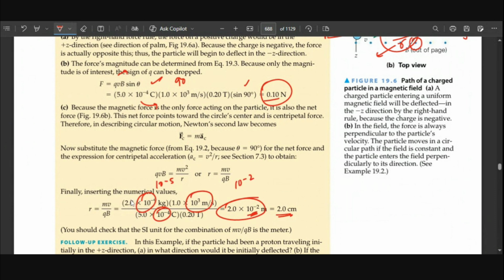If you solve this, 5 times 0.1 is 0.5 by 1, which is going to be 2. 2 times 10 to the power minus 2. It is correct. 2 centimeters, we can say this. So this is how we are supposed to solve this question. Got it? Okay.